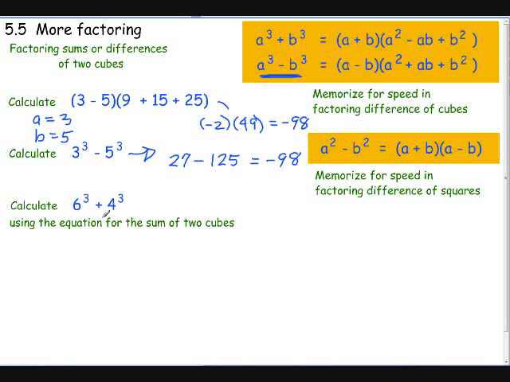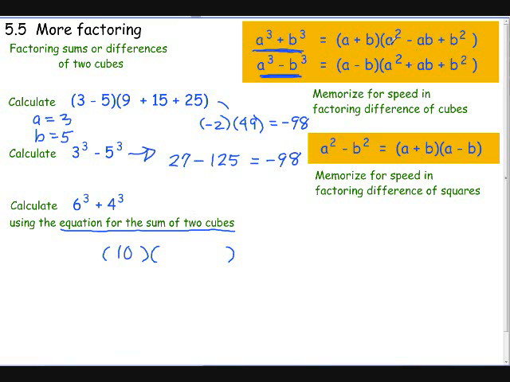How about if I wanted to quickly figure out what this was using this pattern for the sum of two cubes? So this time I'm going to look at this one. That would tell me that for my first factor, I would have a plus b, that is 6 plus 4, that'd be 10.